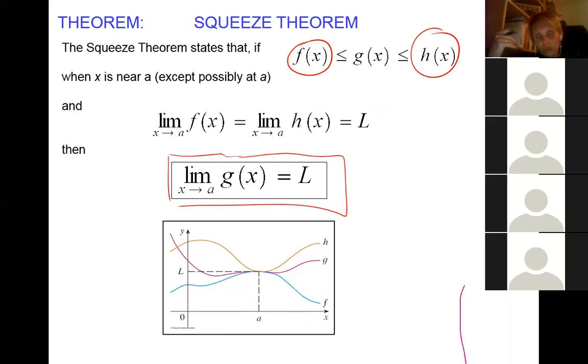Then we have an additional job, because we have to find functions f and h. We have to squeeze the given function between 2 new and known functions. And then we can solve the problem.